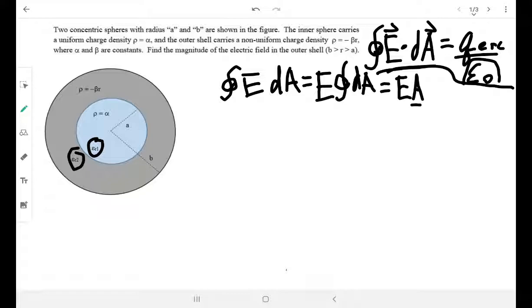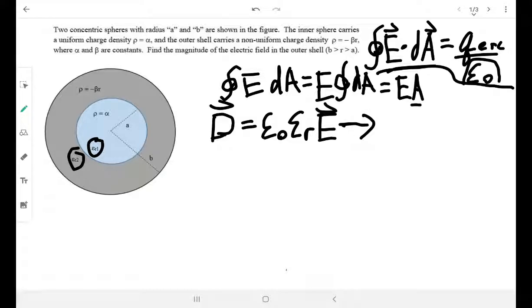So instead of finding the E field for this, we're going to find the D field, and the D field is given by the definition of epsilon naught epsilon R times E. And when we plug this into Gauss's law, D changes our Gauss law a little bit. So instead of EA, we're going to get DA. And that's going to be equal to Q free instead of Q enclosed over epsilon naught. I don't need to include my epsilon naught because it's already written into D.